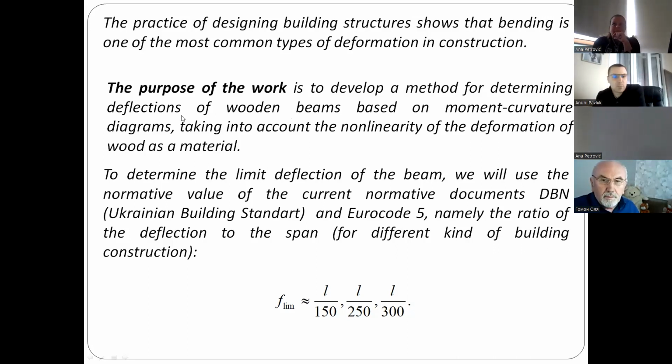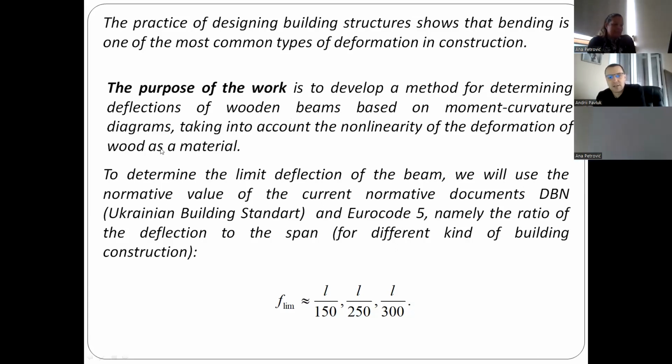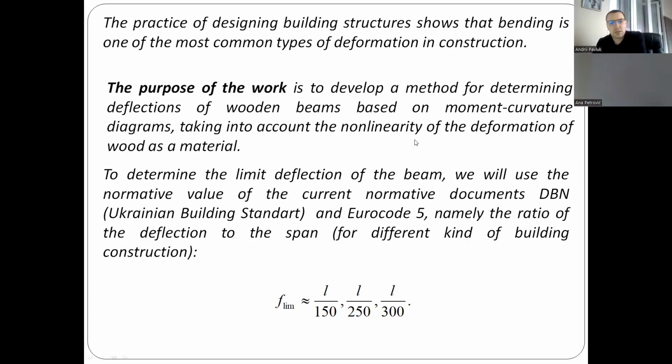The purpose of the work is to develop a method for determining deflection of wooden beams based on the moment-curvature diagram, taking into account the non-linearity of the deformation of wood as a material.